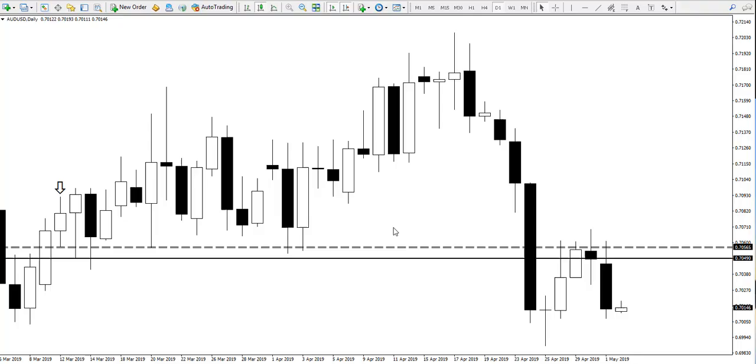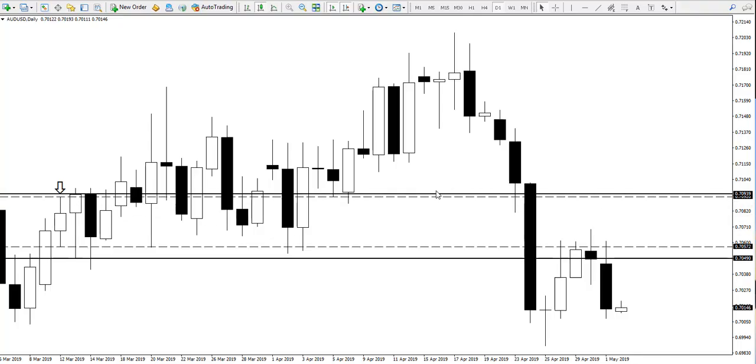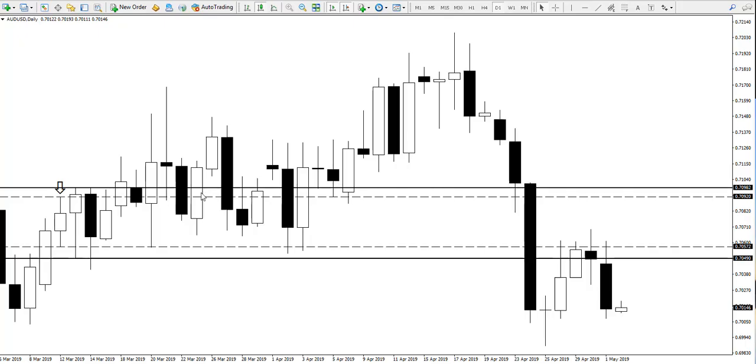So looking at that, you've got your inner and outer. So what we're looking for is the lower time frame confluences when price is up at these levels.